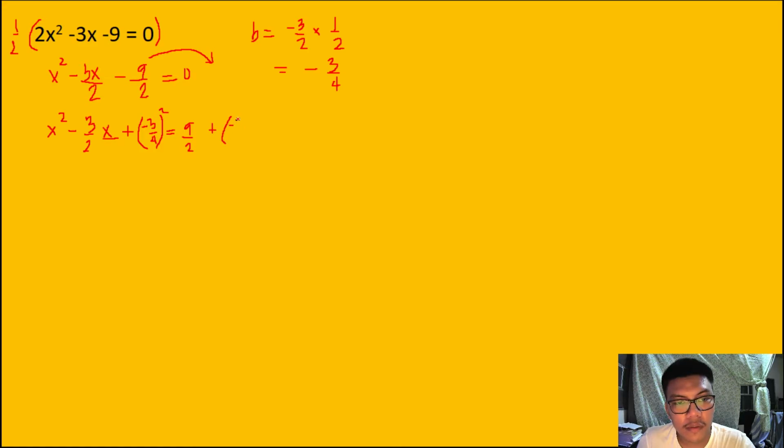Dadagdagan natin. So we have negative 3 over 4 quantity squared. So bakit nag-add tayo ng 3 over 4 squared? Dahil both sides natin siyang in-add para ma-manipulate natin. At syempre, pag nagma-manipulate tayo, dapat kung ano yung idadagdag mo sa kanan, yun din yung sa kaliwa, no?